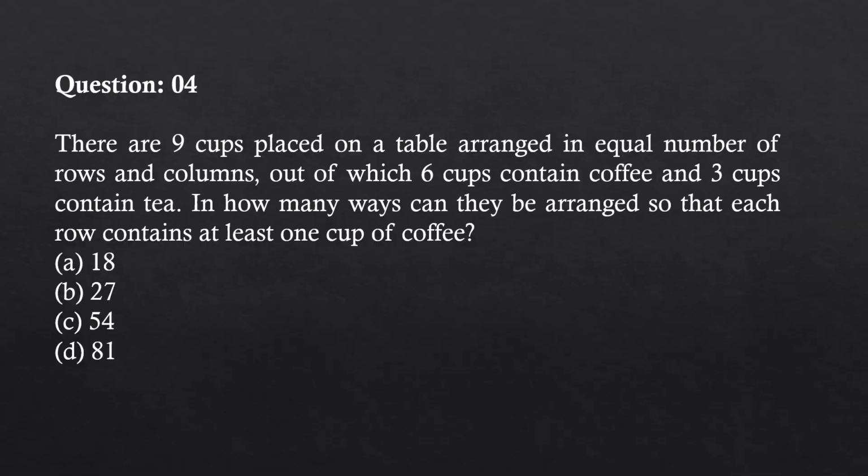Now question number 4. There are 9 cups placed on a table, arranged in an equal number of rows and columns, out of which 6 cups contain coffee and 3 cups contain tea. In how many ways can they be arranged so that each row contains at least 1 cup of coffee?